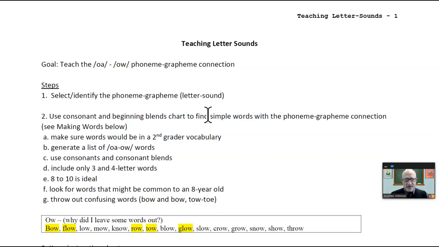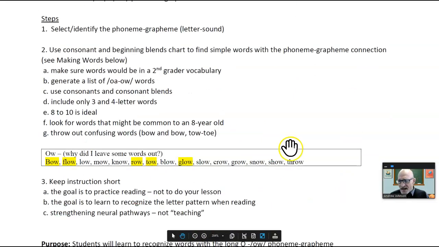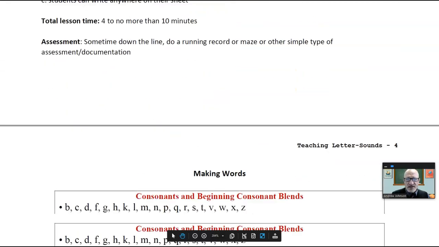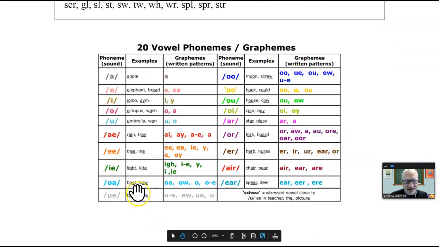So step one is to select or identify a phoneme-grapheme letter sound. We can't teach all of them in a single lesson, so we have to find one. And what I do when I'm teaching grapheme phonemes, first I start with, okay, what is it? Here's all the phonemes.